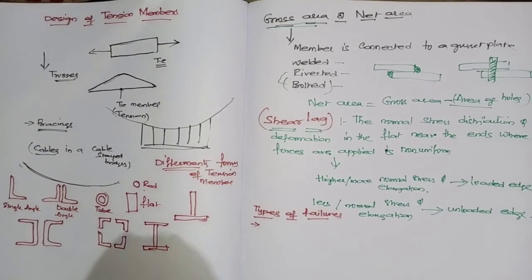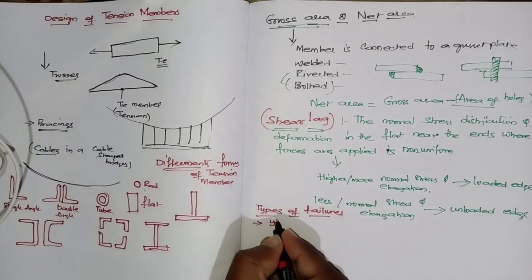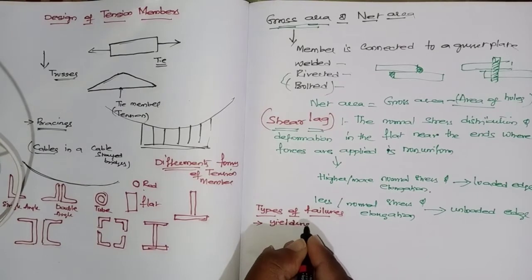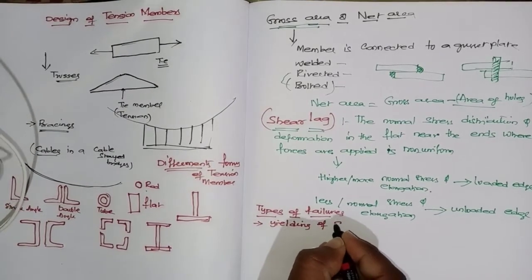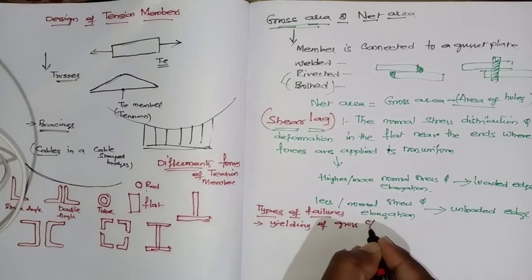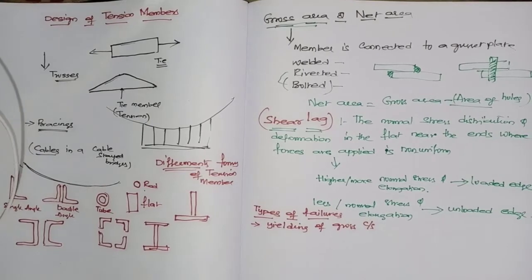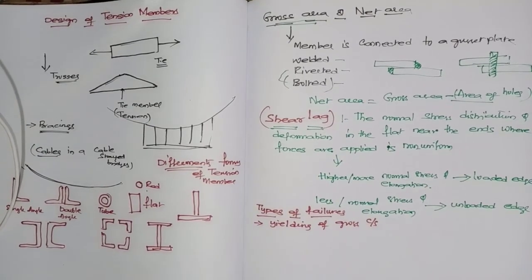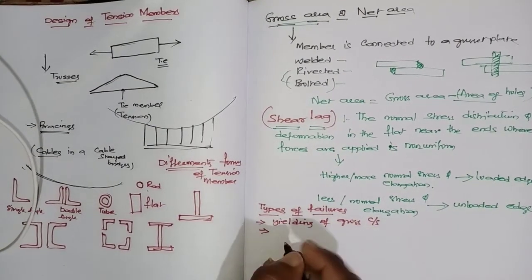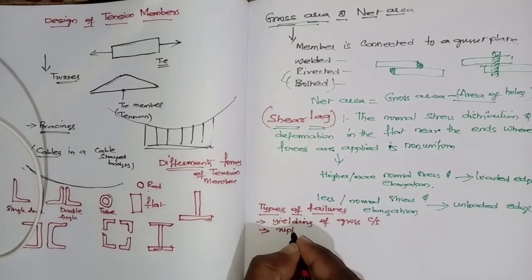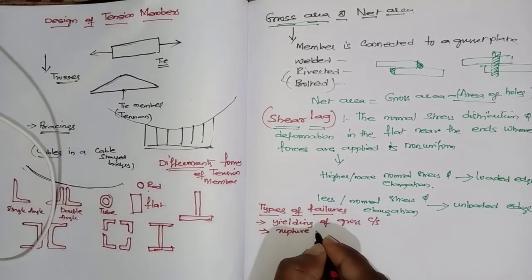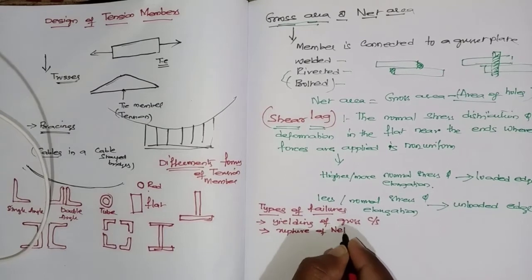Okay, failure due to yielding of gross cross section, or rupture of net critical section.